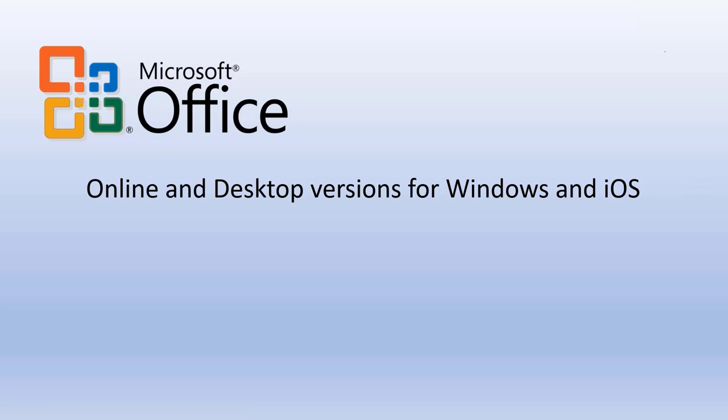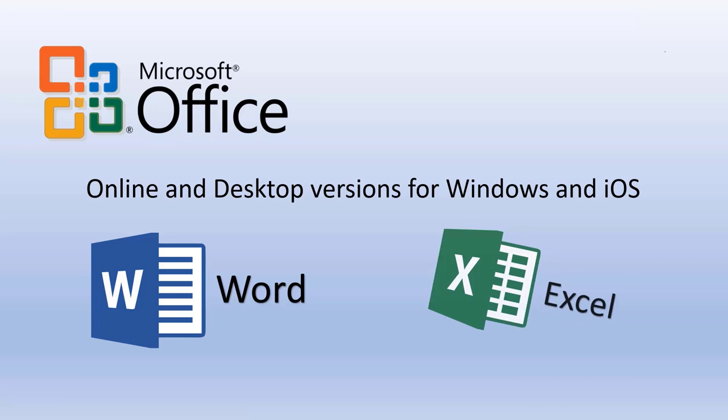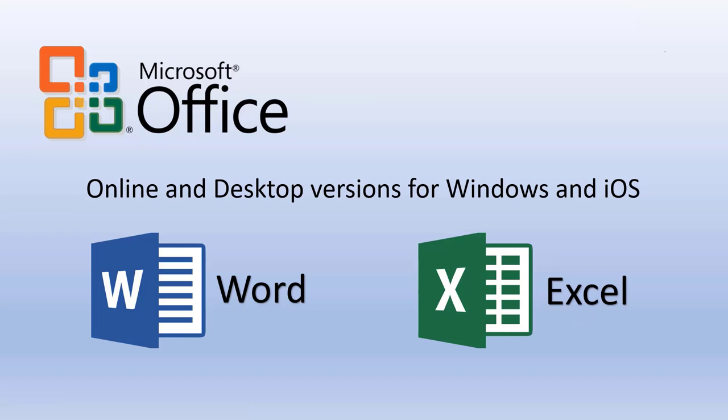So let's start by taking a look quickly at Microsoft Office. This of course comes in both online and desktop versions and is available for Windows and iOS. And you'll see that the components that we're going to be using primarily in the evaluations that we're looking at are Word and Excel, a word processor and a spreadsheet.